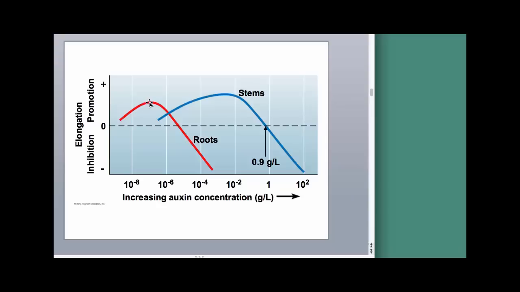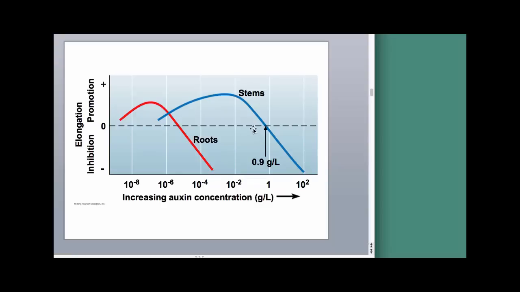How do I know that? And how do I know that if I go beyond that, I go into inhibition about 10 to the -5? I have started to inhibit growth, and if I increase that concentration to 10 to the -4, I have significant inhibition of the roots.